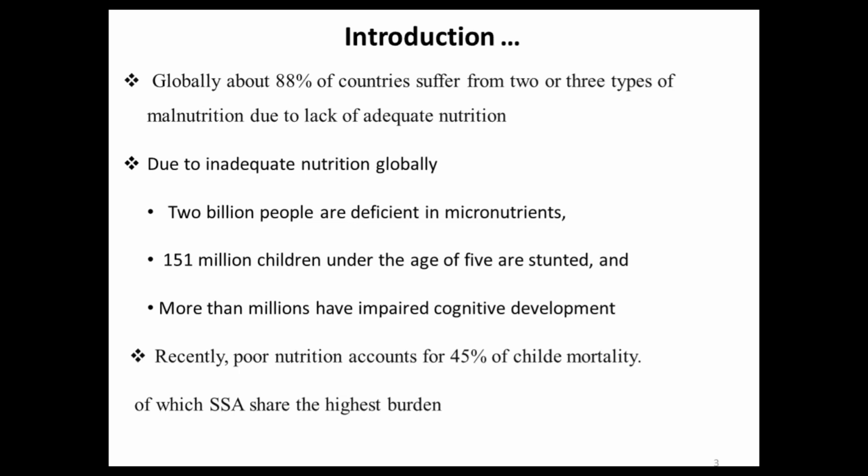Two billion people are deficient in micronutrients, 150 million children under the age of 5 are stunted, and millions have impaired cognitive development. Poor nutrition accounts for 45% of child mortality, of which Sub-Saharan Africa carries the highest burden, and it is my study area.